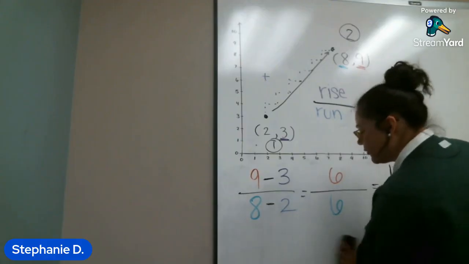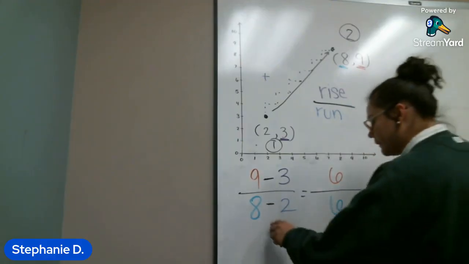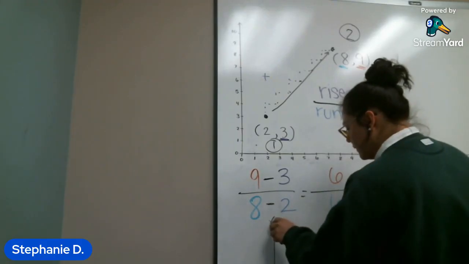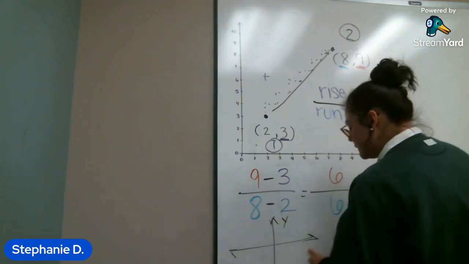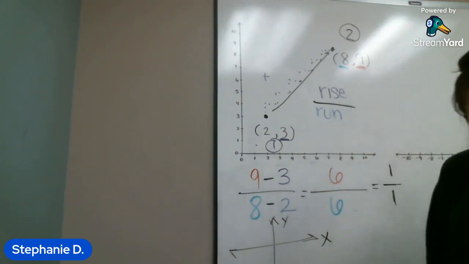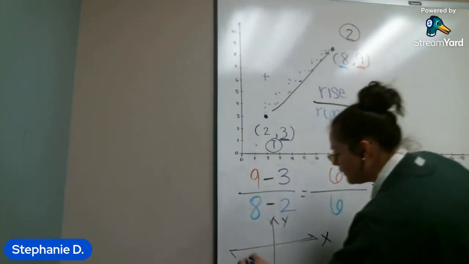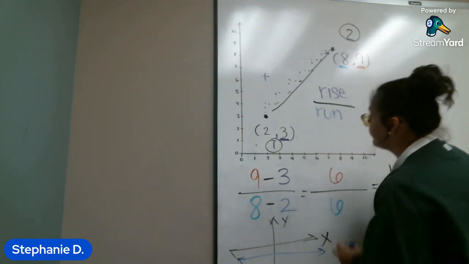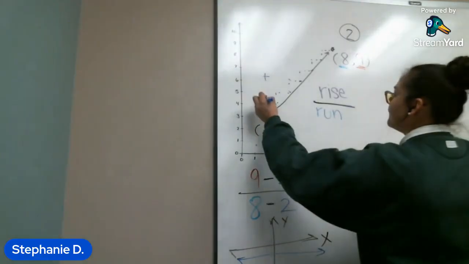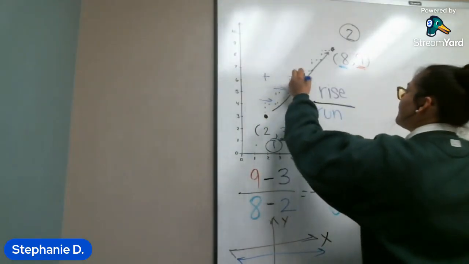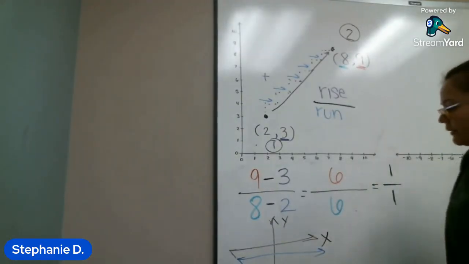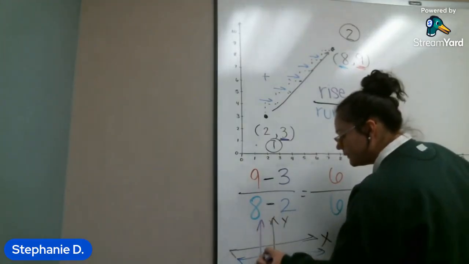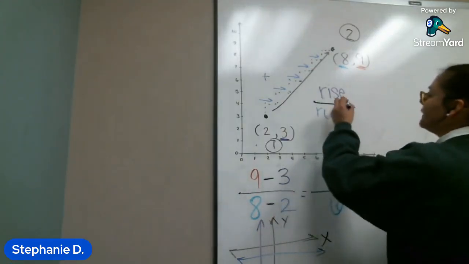Remember your coordinate plane. This is your y, this is your x. X goes left to right, you run. Your rise is going to be your y, up and down.